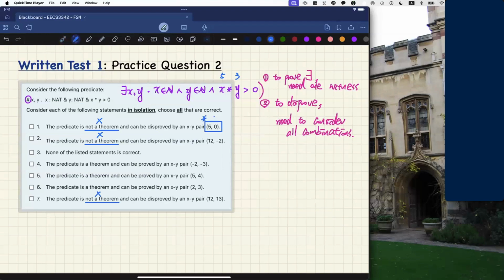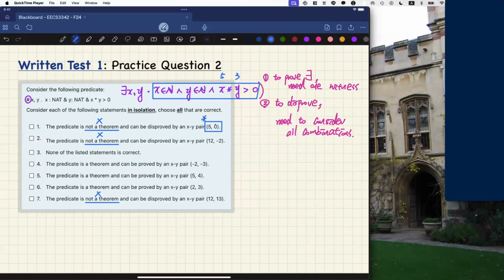And let's now talk about the 5, 0. If I plug in the numbers, it would be that there exists x, y, right? And here, oh, I don't need this part here. I can just plug in directly 5, 0 into this part here. That's what I'm going to do.